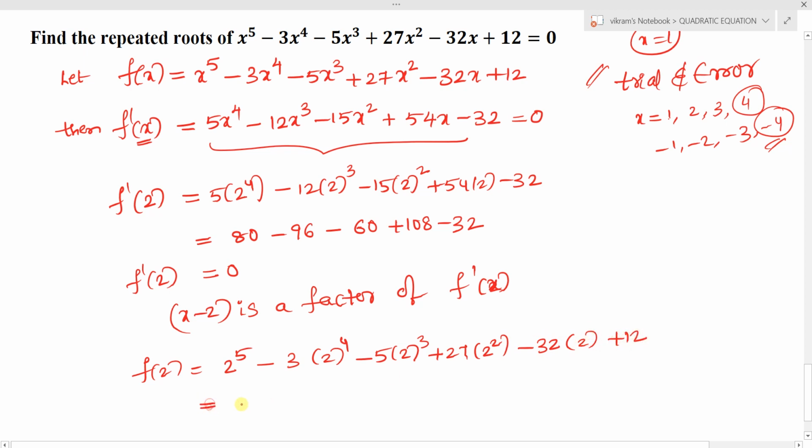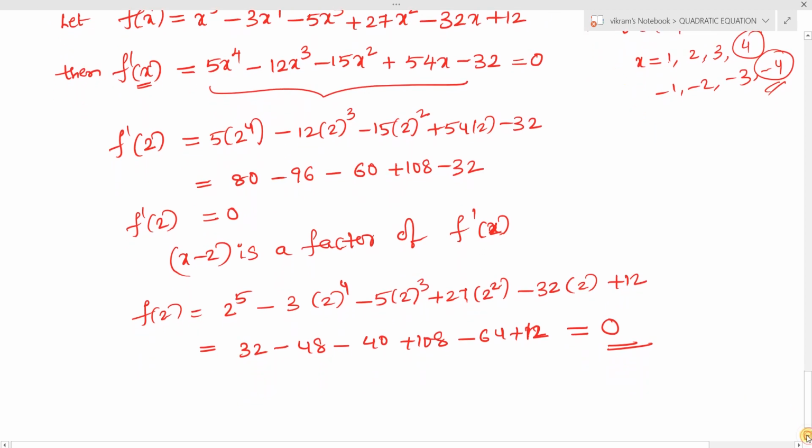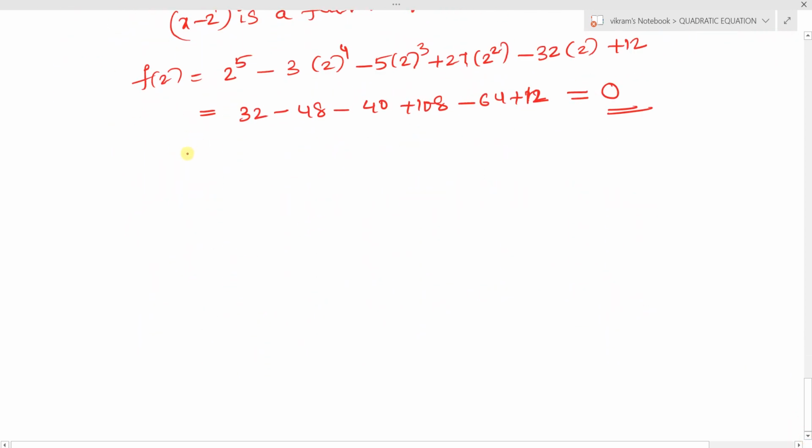Now if you simplify this, what is 32 minus 48 minus 40 plus 108 minus 64 plus 12? If we add totally, we will get the resultant as 0. So that means x equals 2 is also a factor. That means x minus 2 is a factor of f of x.